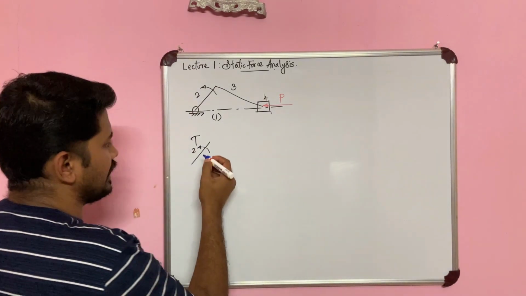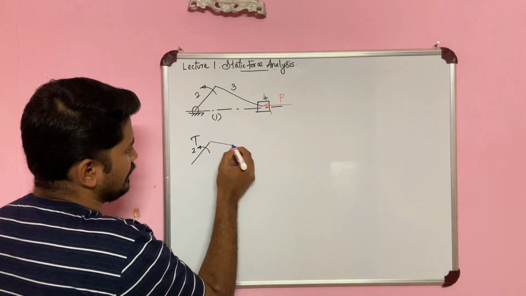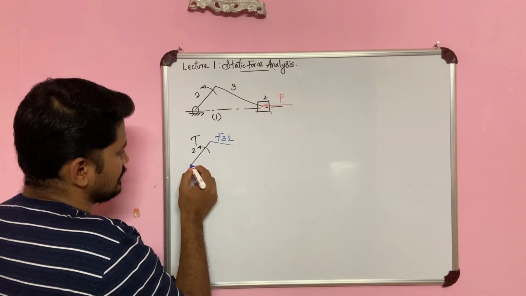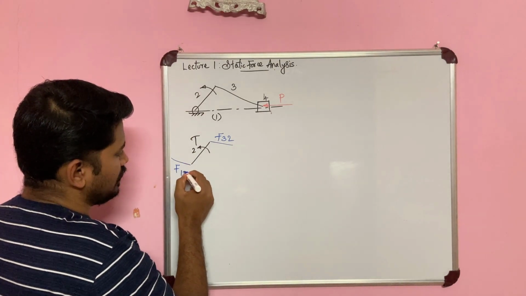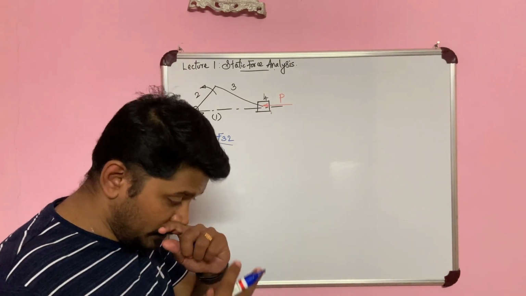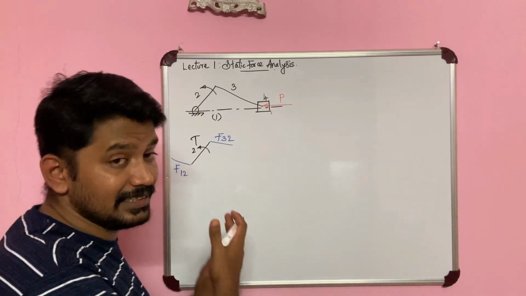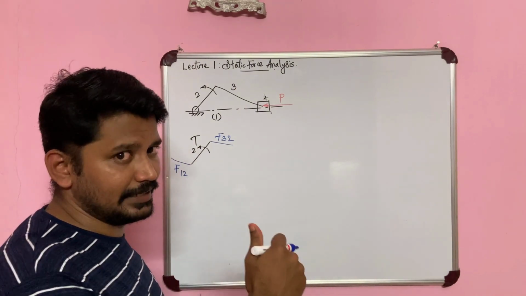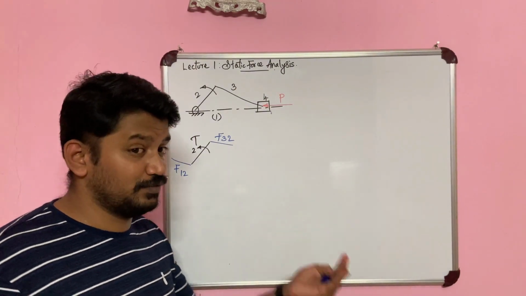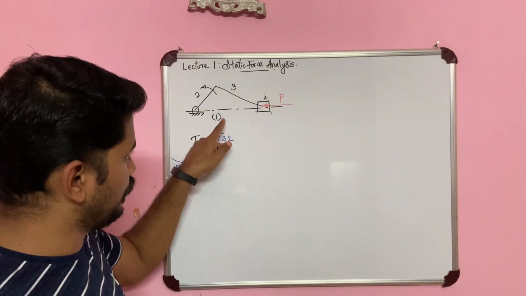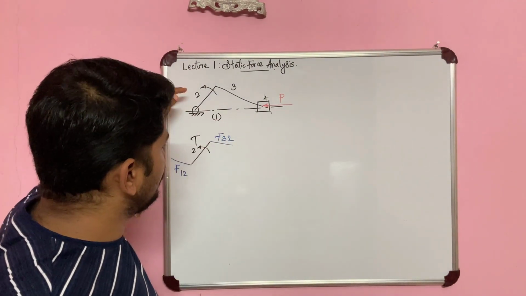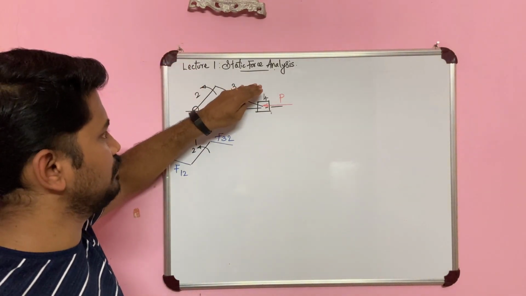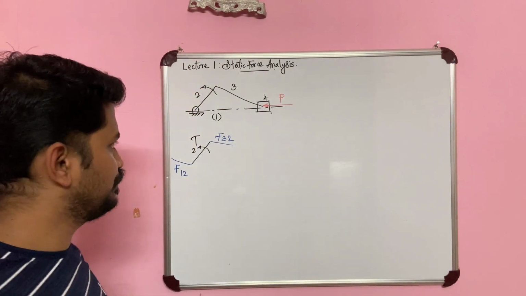So when I write the forces, I have to write them as F32 and F12. The 2 always comes second because the link is 2, so onto that link the forces are being acted upon. So from 1, which is my fixed link, the force is acting onto link 2, as well as from 3 onto link 2.